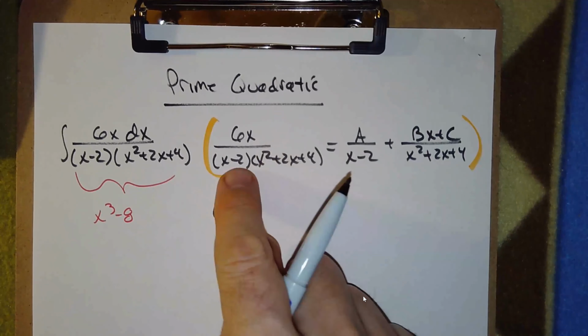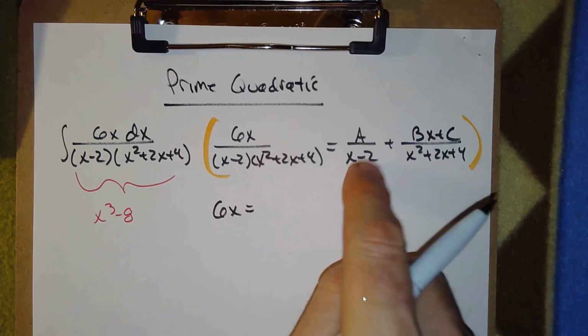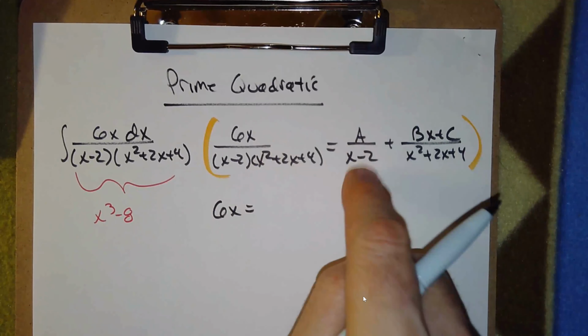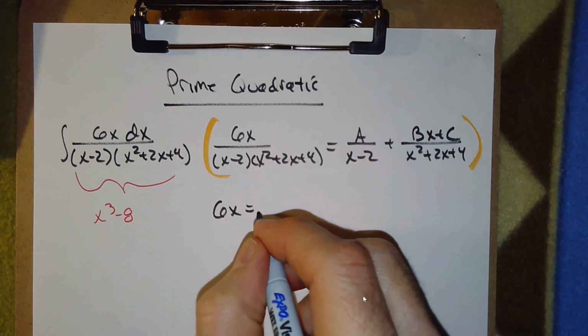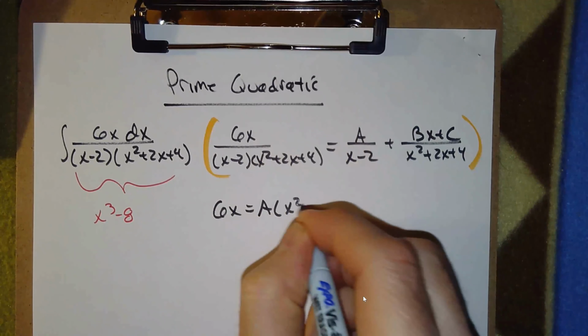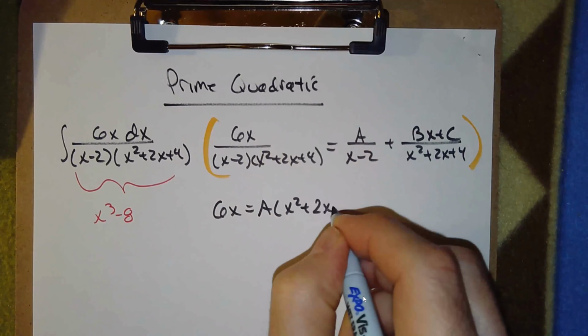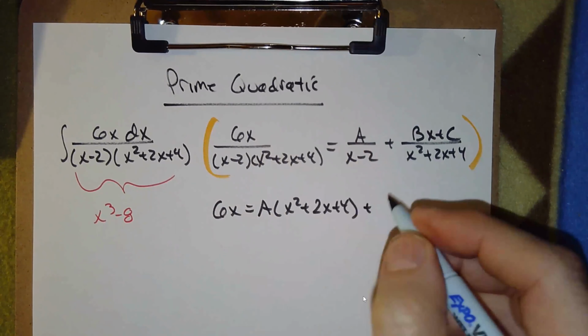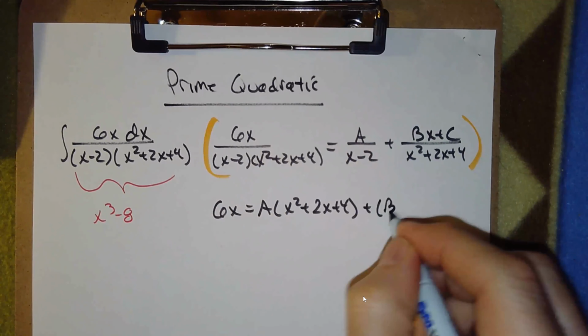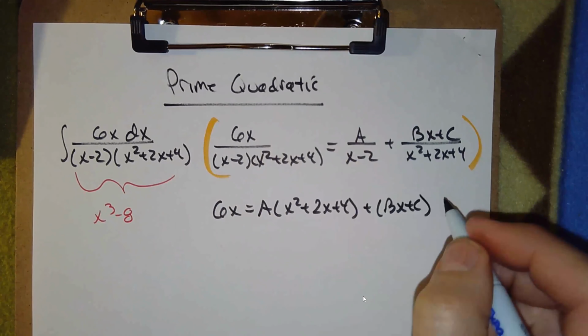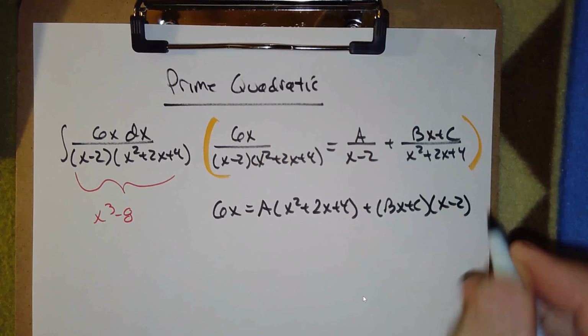When I multiply this times this over here, the x minus 2 will cancel, so I'm left with A times x squared plus 2x plus 4, plus Bx plus C times x minus 2.